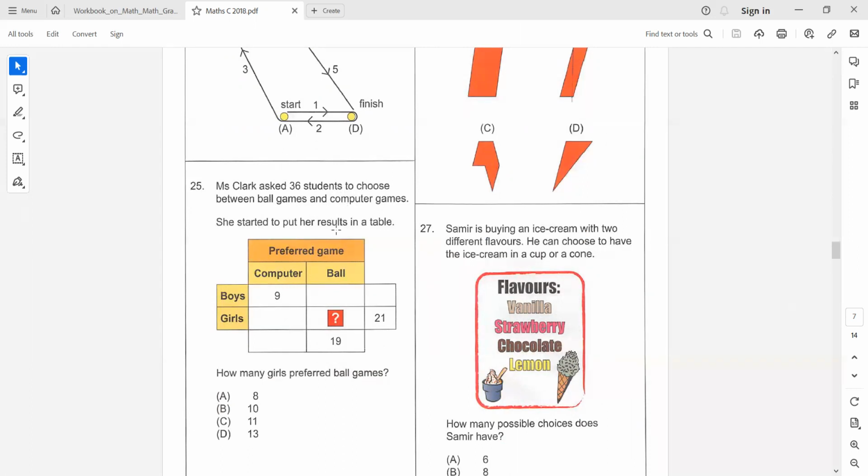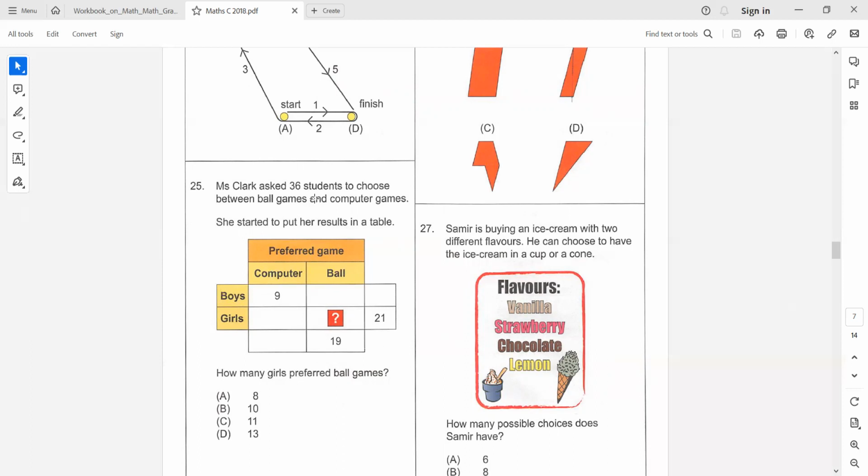She started to put her results in the table. How many girls prefer ball games? That means the total will be 36, right?